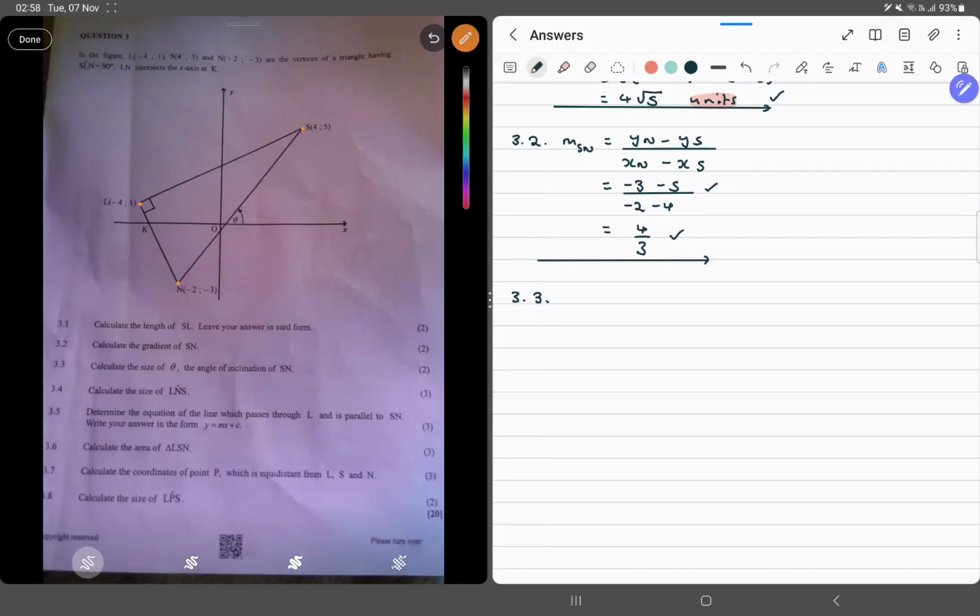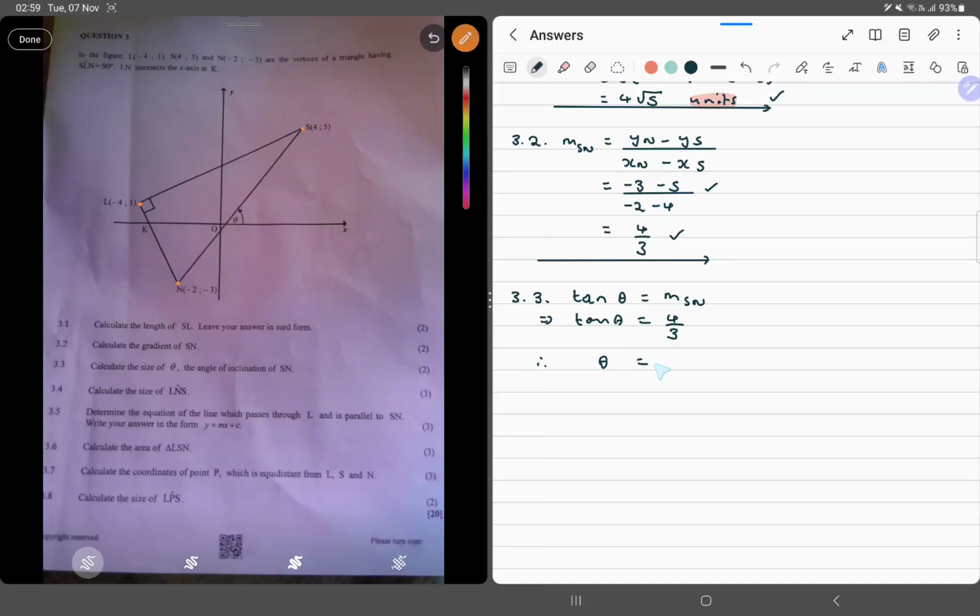3.3. We've got to find the size of theta. Now we've got the gradient, we can sort it out. So we know that tan theta is equal to the gradient of SN, that is its angle of inclination, which implies that tan theta is going to be 4 over 3.